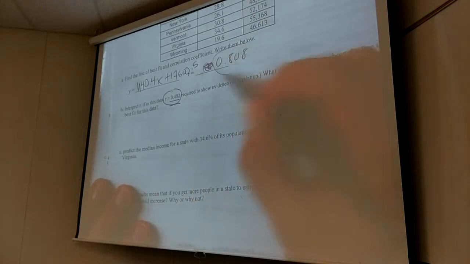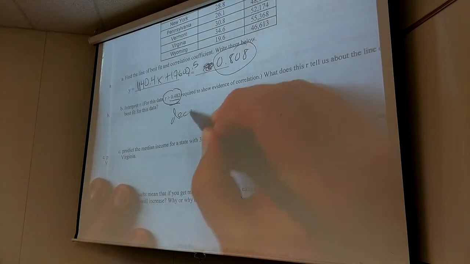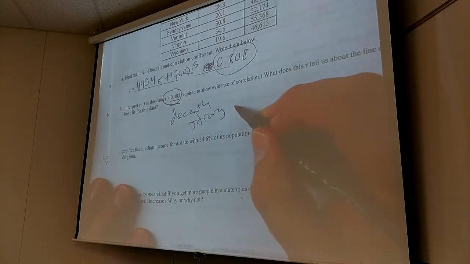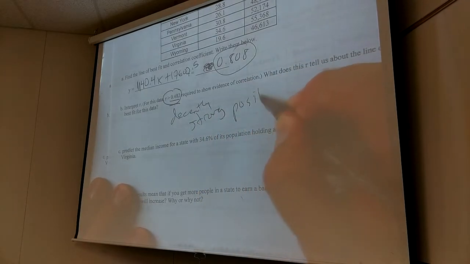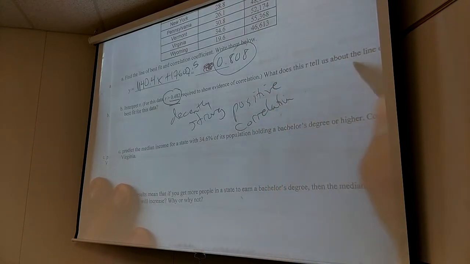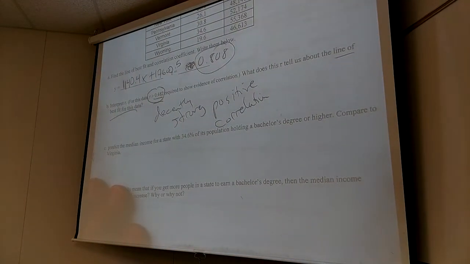We got 0.808. What does that mean? Yeah, there's decently strong correlation. What kind of correlation? Positive. What does that mean about the line of best fit? And I love that question because you're like, what do you want from me?